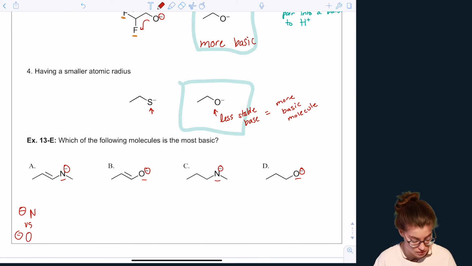Now, just based off of that, what's more stable, having a negative on an oxygen or having a negative on a nitrogen? Well, it's more stable to have a negative on oxygen because oxygen's more electronegative.